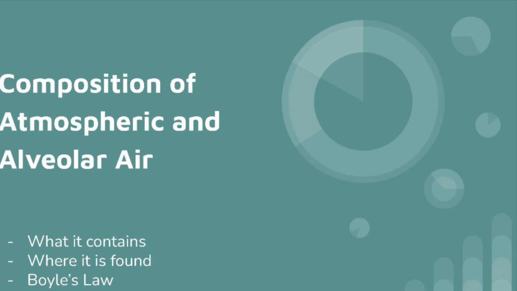Alveolar air is found in the lungs and has a different composition due to the processes of breathing, because we breathe in oxygen and breathe out carbon dioxide. Boyle's law explains the relationship between pressure and volume, while in the opposing argument, Henry's law describes gas solubility.